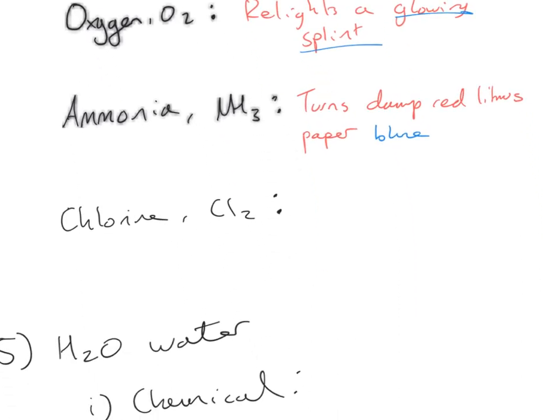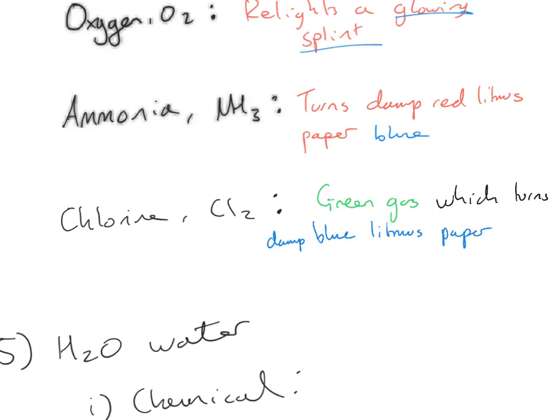Chlorine gas you should be able to observe as a green gas, which turns damp blue litmus paper red, so it's the reverse of ammonia, and then bleaches it white.